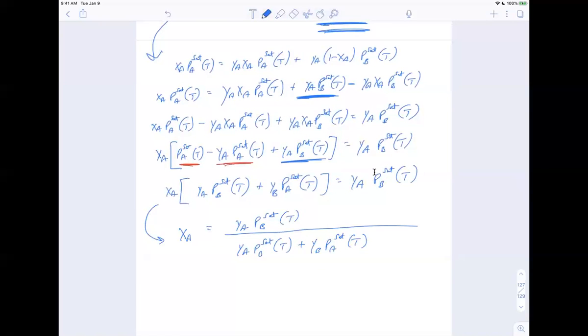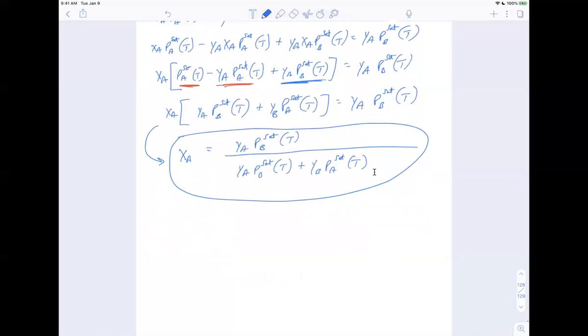It's just a lot of algebra, that's all. So that gives us xa as a function of ya. Remember, the PB sat and the PA sat are just constants once we specify a temperature T. Any questions?